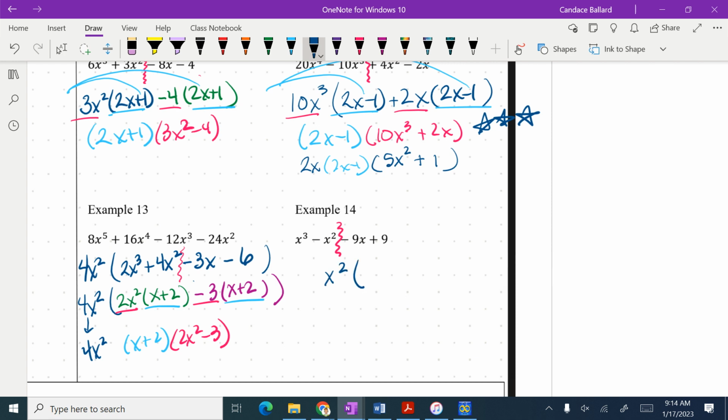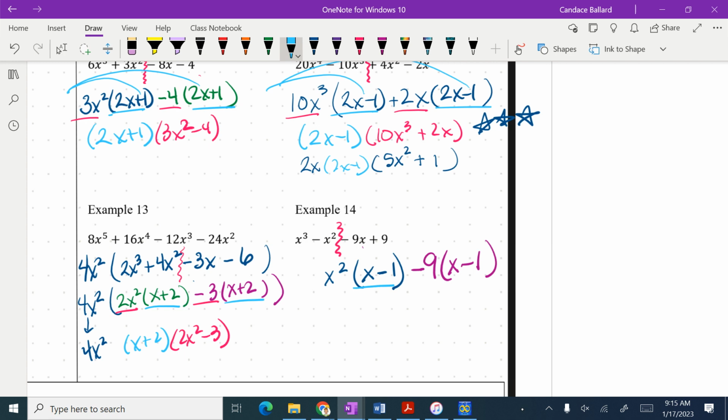What's left behind? X minus 1. Everybody good with x minus 1? In my second group, what's my greatest common factor? Negative 9. Good. What's left behind? I'm dividing by negative 9, so I get x minus 1 left.